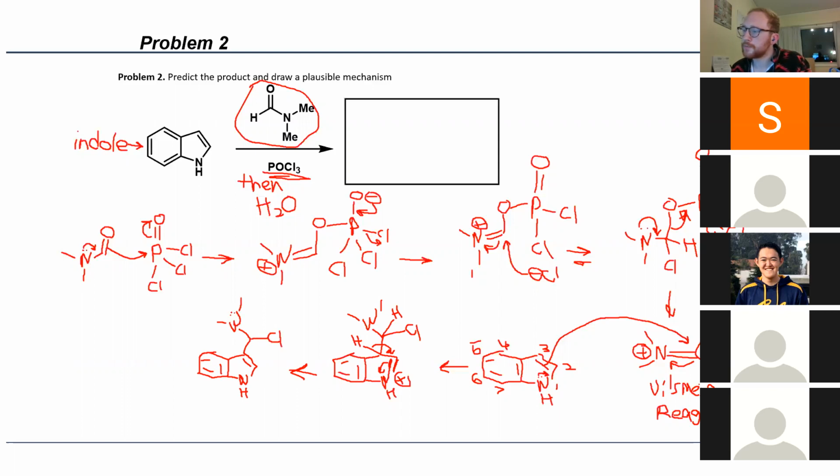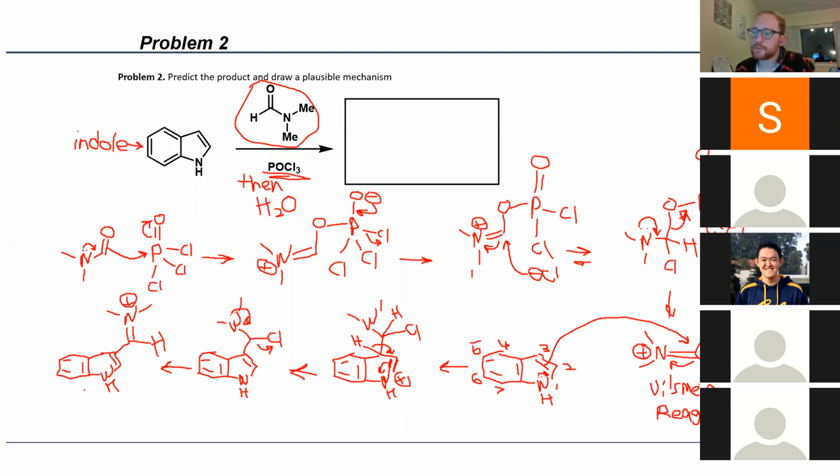And then the lone pair of the nitrogen comes down, kicks out the chloride. Now we have another iminium species.